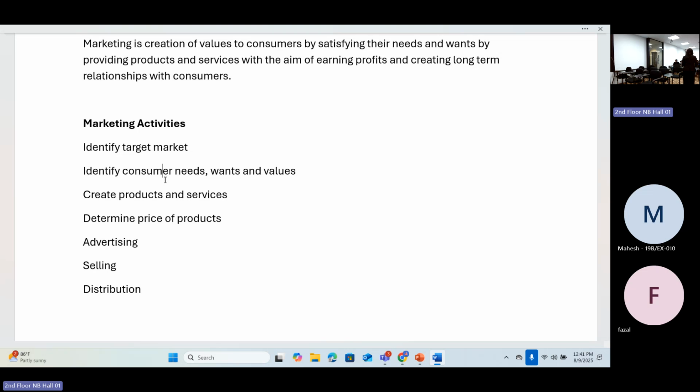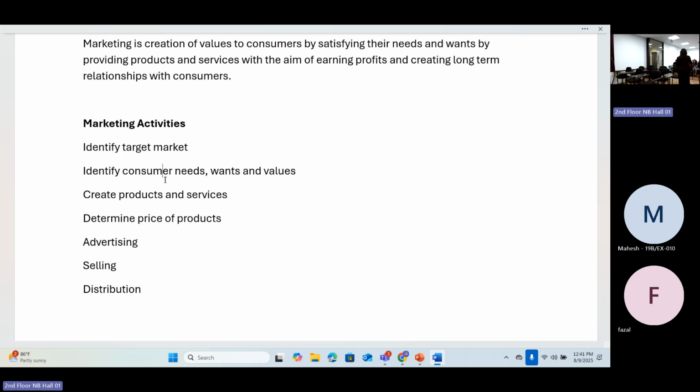However, when it comes to marketing management, it's about the administration part of the marketing function. Or we can say whether these activities are properly in place within the company, whether those are happening or not. That management part will be done under marketing management.